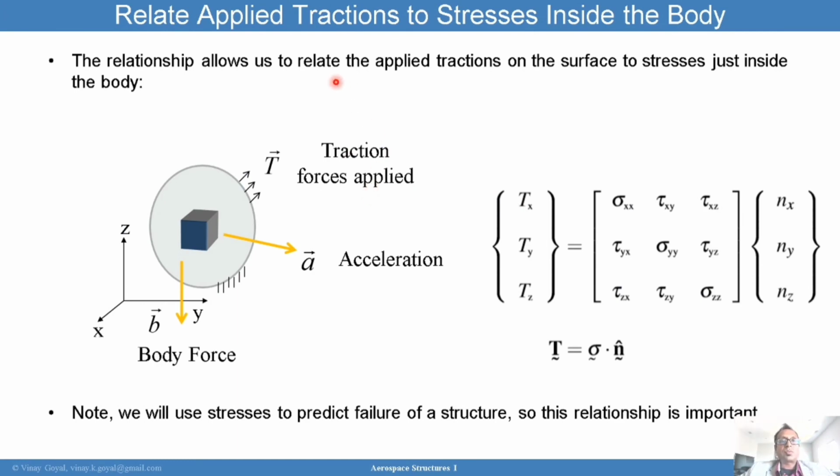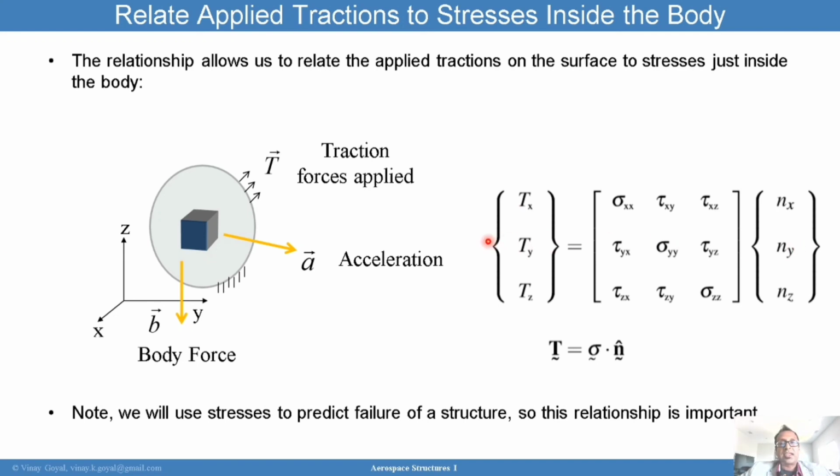So the relationship really allows us also to relate the applied tractions on the surfaces to the stresses just inside the body. So if I don't know how these traction forces relate to the stresses just inside the body, I can also use this relationship.